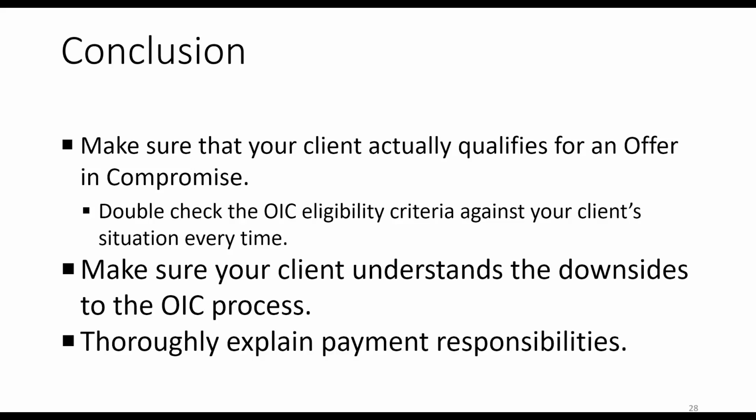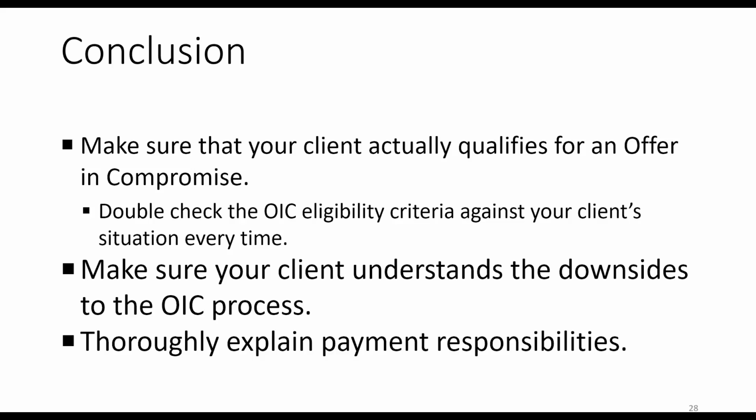Make sure your client understands the downsides. Like I said, go through the agreement on the 656-B booklet at the end, the offer terms. Section 7, make sure that you review it, you understand it, and you explain it to them.